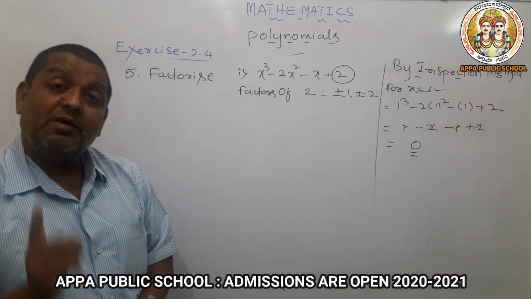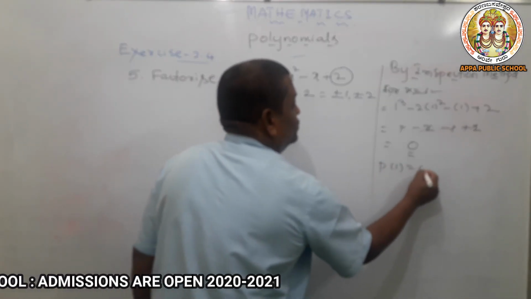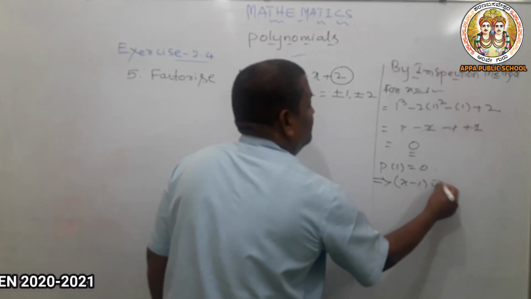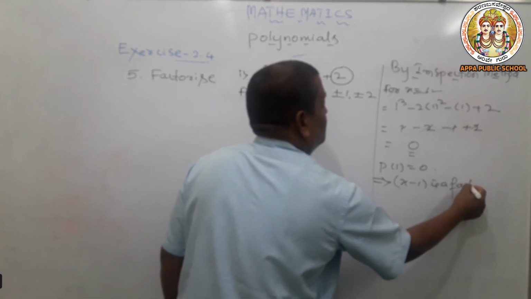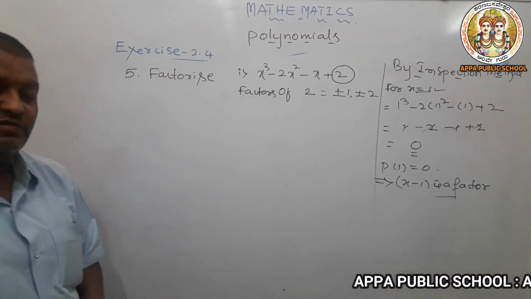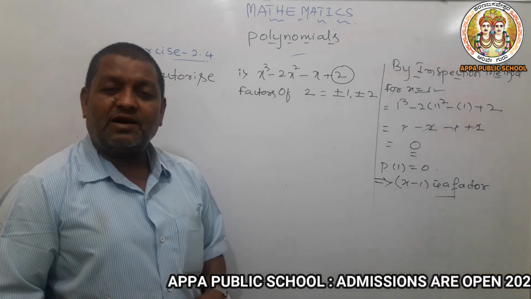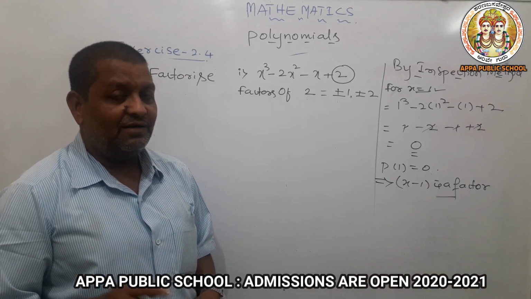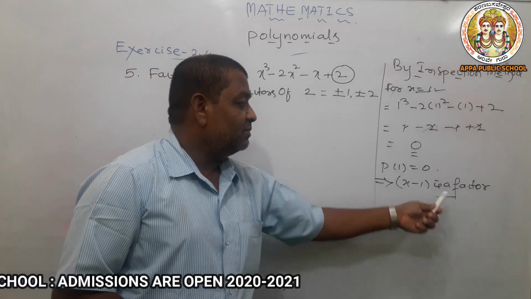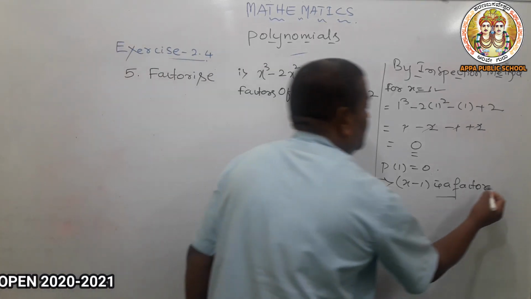That is, by factor theorem, if p of 1 is equal to 0, it implies x minus 1 is a factor. What is our factor theorem telling? If p of a is equal to 0, then x minus a is a factor. Like that, x minus 1 is a factor of p of x.